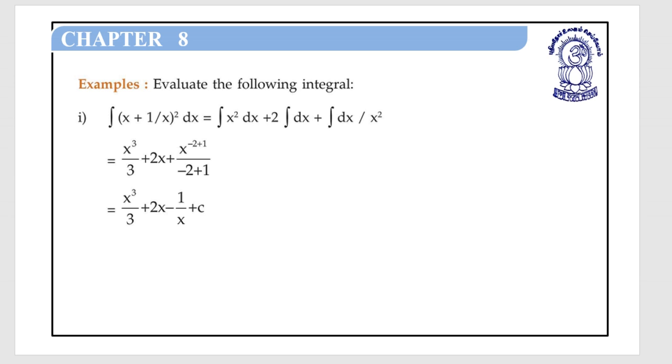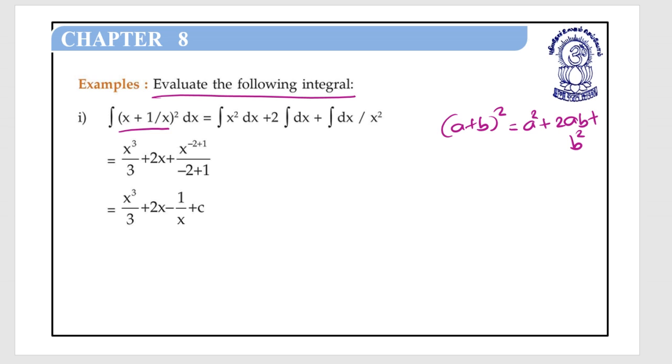Next example, evaluate the following integral. Integration of x plus 1 by x whole square dx. Here you can use the a plus b whole square formula, a square plus 2ab plus b square.